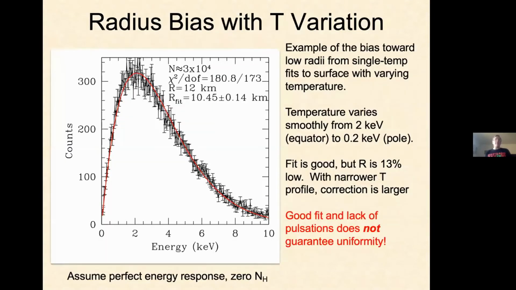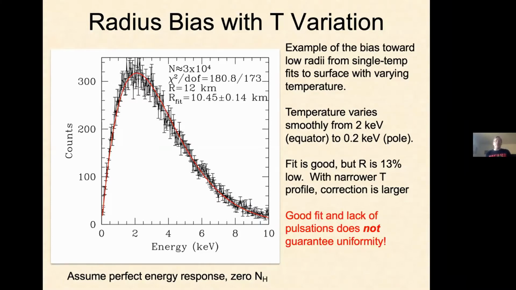But there's a significant problem with this, at least potentially. The typical assumption made in those analyses is that you have a surface which radiates uniformly with the same effective temperature everywhere on the entire surface. Part of the assumption, implicitly, is that if it were not like that, you would get some hint.